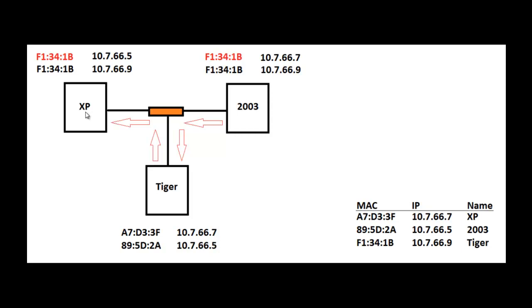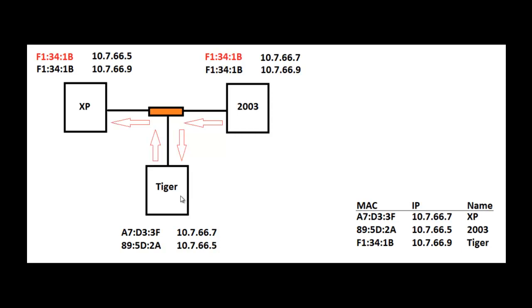It ends in a 3F. But by the time the 2003 server updates it, the Tiger box is going to say, oh yeah, 66.7 XP, that really just got updated to 1B. So the Tiger box is just updating at a faster rate than the XP machine is updating. And that's what allows this to happen.